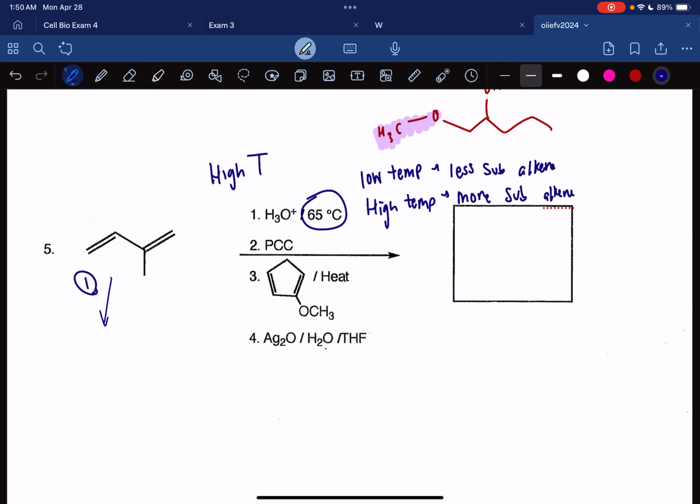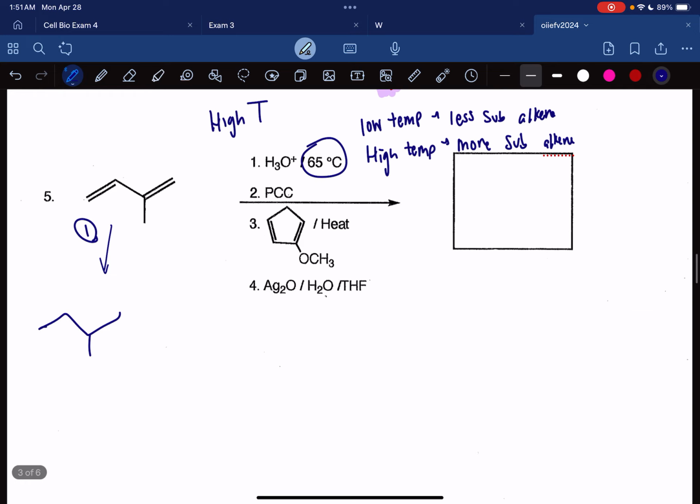So there's a few ways we can react this molecule, but we know at the end of the day we need to form a more substituted alkene. For example, if we attacked here and attached an H here and made this plus, oh sorry, this would make the least substituted alkene, because that would leave the double bond here, right? I'll leave that there.